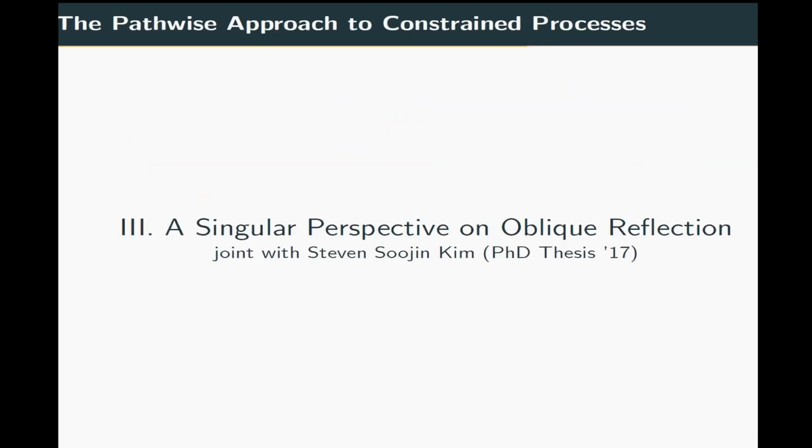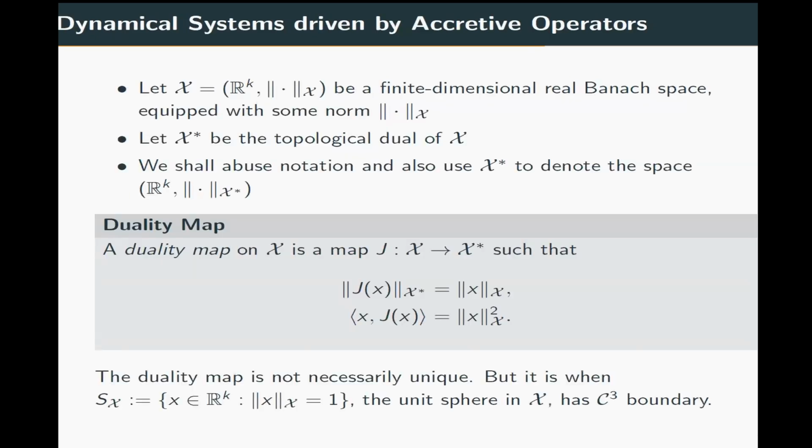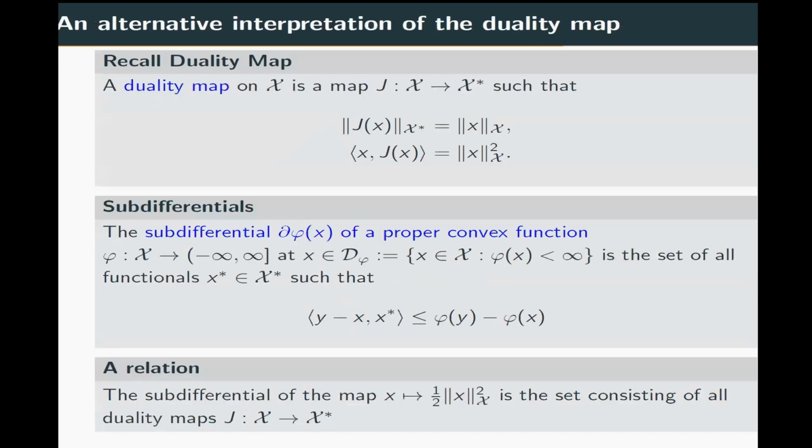Okay, in general, going backward, the duality map is not necessarily unique, but if your norm is smooth, has some C^3 boundary, then it is. Okay. It has many nice consequences. I, of course, don't want to get technical. I just want to give you the idea here.